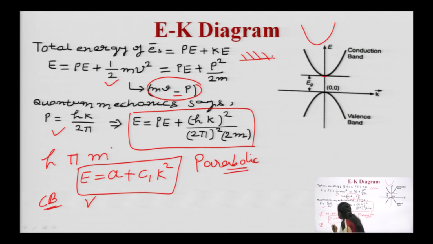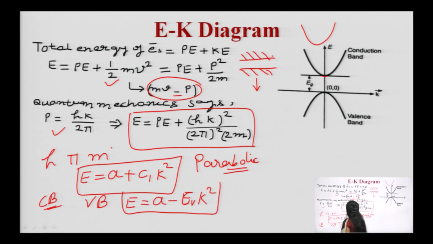But when you are talking about the valence band, since the valence band covers this particular region downwards, here this term would be some constant for the valence band, minus Cv into k square, and this negative sign shows the downward region which is being covered. So, it represents this region. So, this is for the valence band, this is for the conduction band, and the origin is being shifted in this manner. So, this is how you can understand the EK diagram.